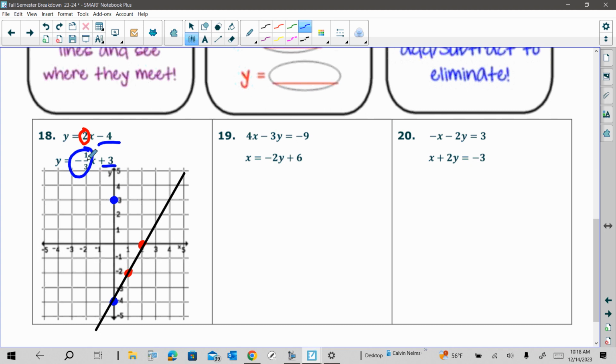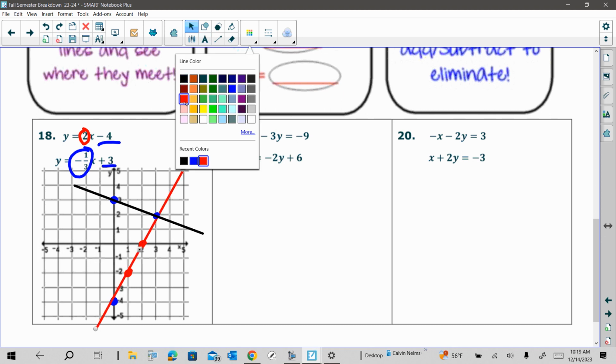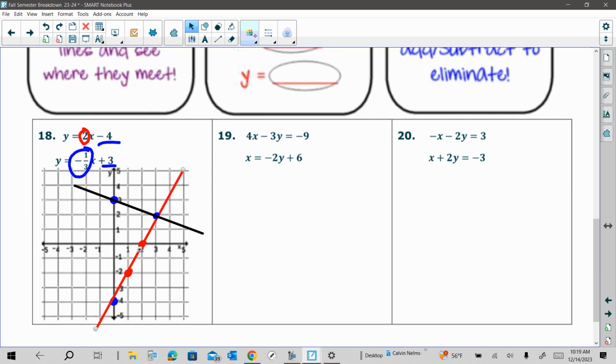The slope is -1/2, so down 1, to the right 3. This intersection is the solution. That happens at the point (3, 2). So the answer would be (3, 2).